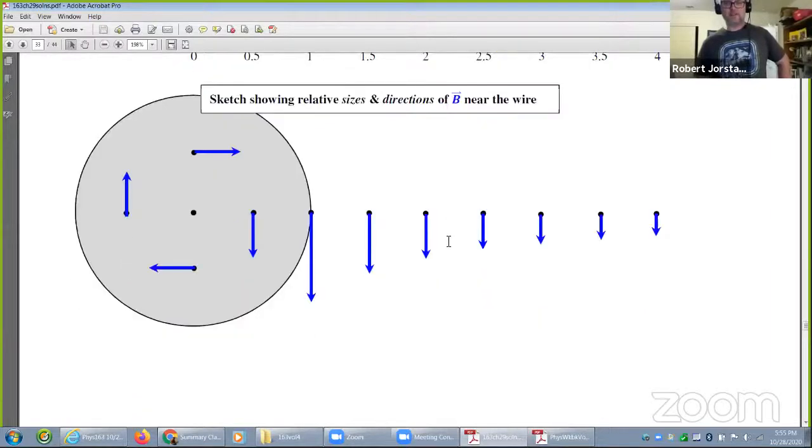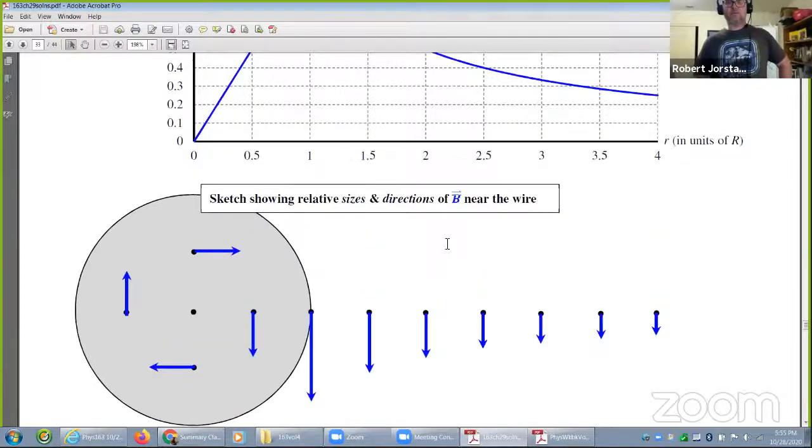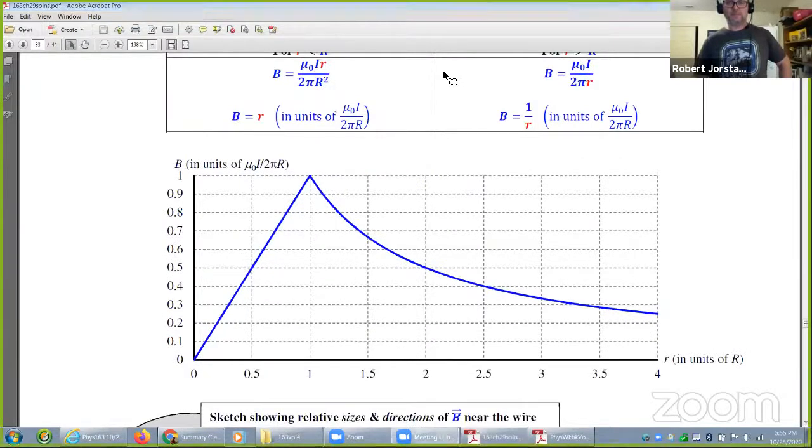I think that's that whole problem. But I guess I should point out this: notice it rises linearly. So it's proportional to radius. Whereas here, it's proportional to 1 over r.